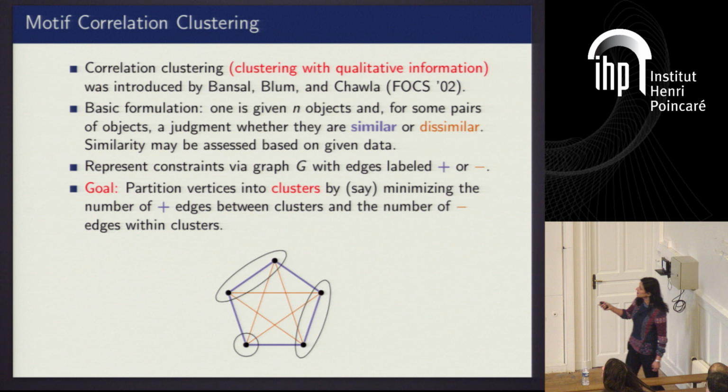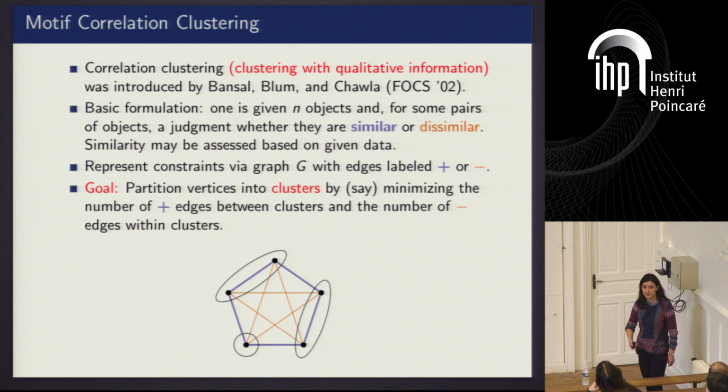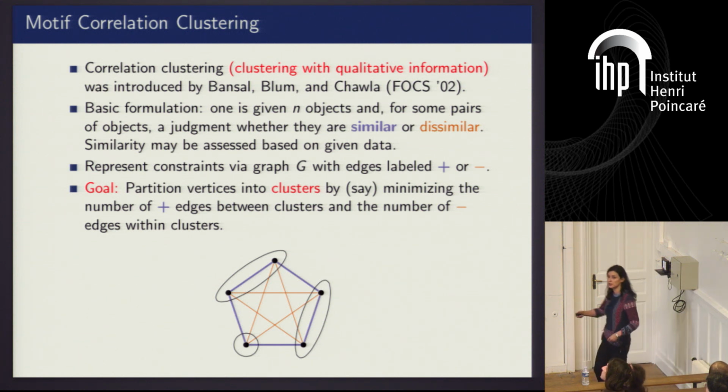The number of plus edges between clusters is the number of friends you separated, and the number of minus edges within the same cluster is the number of enemies you put in the same community or in the same group. So you really want to minimize the discrepancy, or friendship discrepancy in some sense, because you want to put people that are friends together and people that are enemies separately, but you obviously cannot always do so.